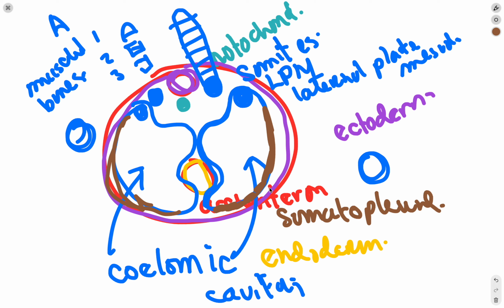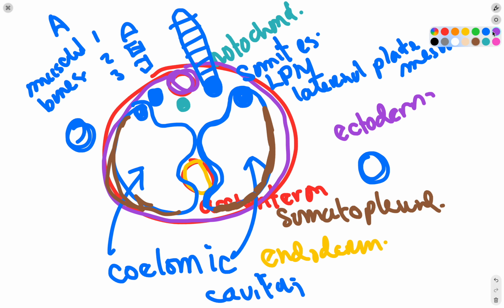And those are on the outside, so like when you cut your chest open and flap it open, on the outside of that flap would be the epidermis, the ectodermal epidermis, the skin. On the inner part of the flap would be the somatopleura. And the somatopleura is boring because it's just the lining of our chest cavity.